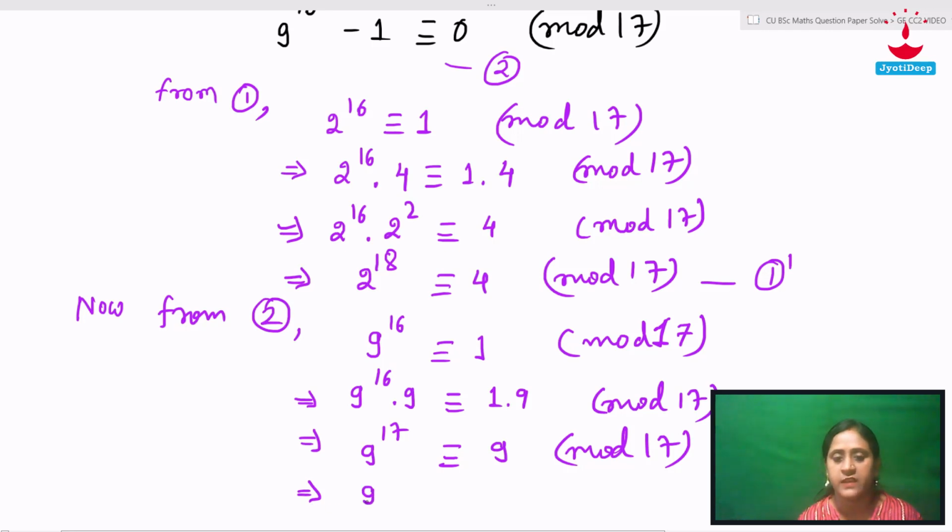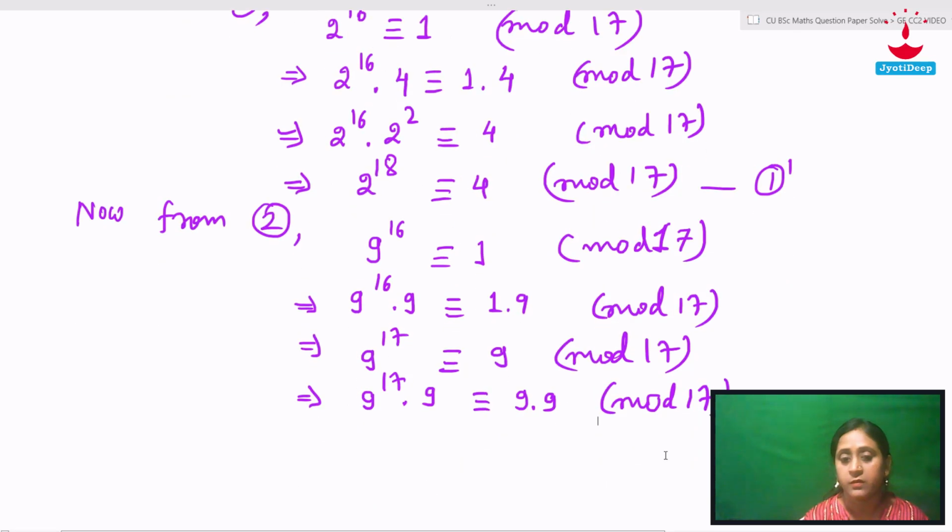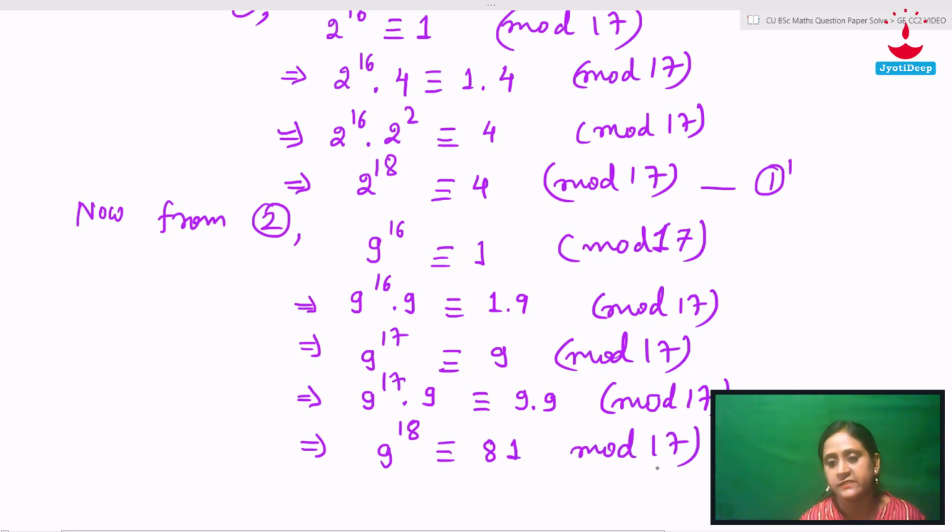Again, this implies 9 to the power 17 into 9 is congruent to 9 into 9 under mod 17. Okay, so it becomes 9 to the power 18, 17 plus 1, is congruent to 9 9s are 81 under mod 17.